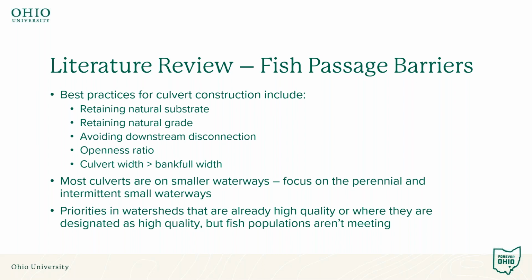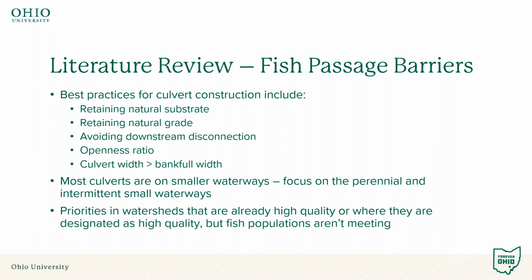One of the other things to consider, and this is important when we think about the invasive species as well, is that most culverts are on smaller waterways, and so our focus has been on those culverts that are on perennial and intermittent small waterways. The reason that's important is that there are a lot of culverts that are on ephemeral waterways, and essentially an ephemeral is something that only runs in response to rainfall or snowmelt, so only runs in response to precipitation.